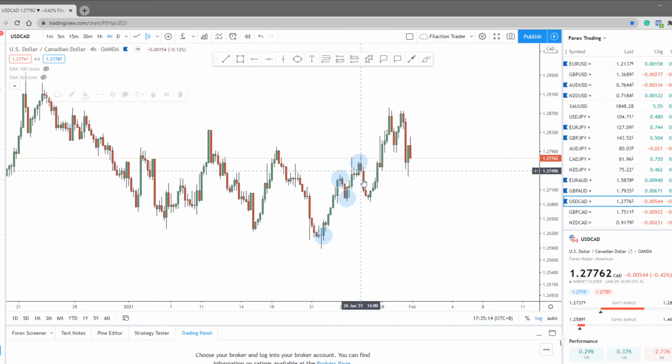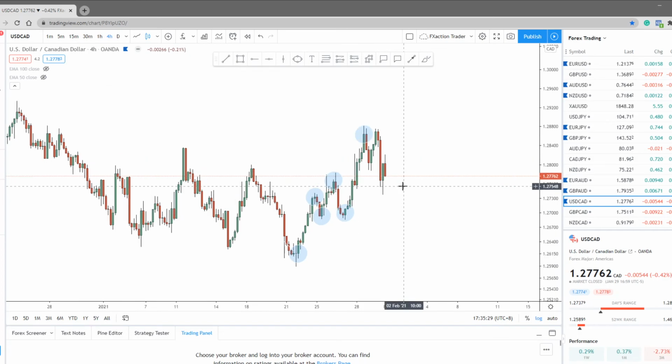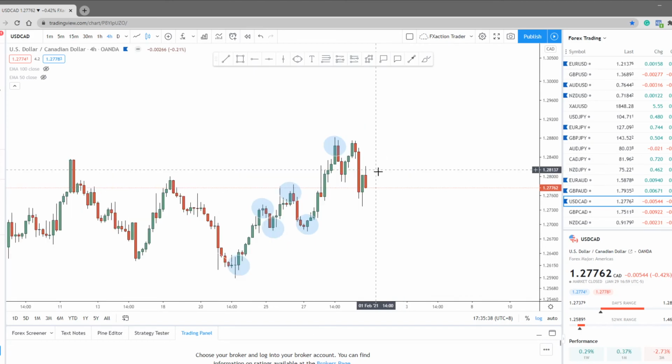So the market keeps on doing higher lows and higher highs, and we can clearly say that the market is in an uptrend. But if we are looking at here, what we can see is that this is actually a double top chart pattern, which might make price do a deeper pullback or a trend change.